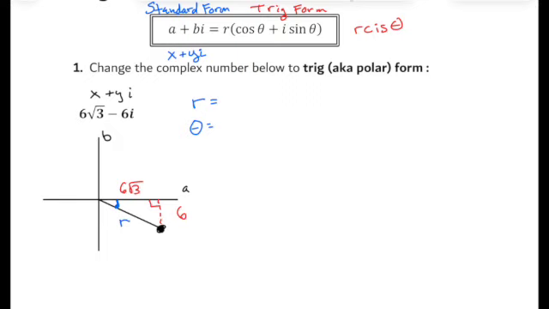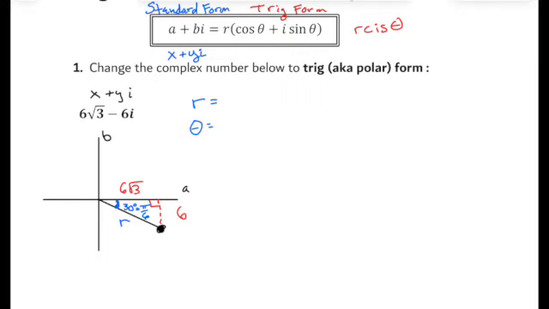So if you're in this course, you should be super familiar with your 30-60-90s and 45-45-90s. And this reference angle between the hypotenuse and the x-axis, if it's across from 6, that's the shorter of the two legs, and this has that relationship of 6 and 6 root 3, that's a 30-60-90 triangle where this reference angle is 30 degrees, or pi over 6 if you're dealing in radians. So this is going to allow me to figure out two things pretty quickly.